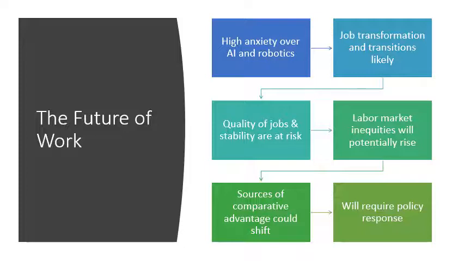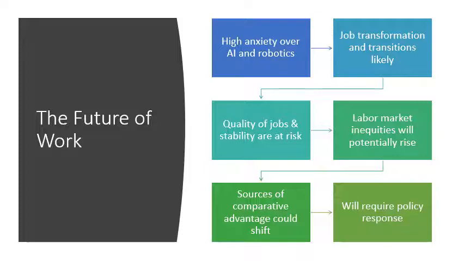Labor market inequities will rise potentially. We're going to have more job losses in certain sectors and certain regions. We have to figure out how to deal with that. Our sources of comparative advantage globally could shift. Historically, it's been a source of comparative advantage if you have a young, cheap labor force. But with more AI and more robotics, that may no longer be the case.